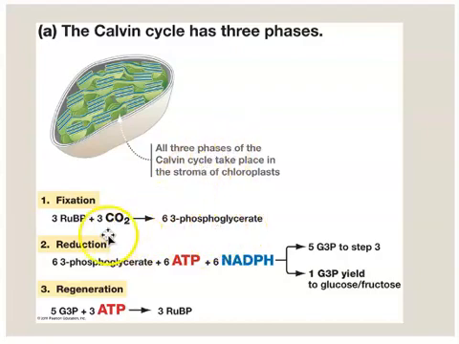During reduction, the 3-phosphoglycerate is being combined with ATP and NADPH to make G3P. Some of that G3P goes on to produce glucose. The rest of the G3P is used for the regeneration phase, where it is converted with ATP into the 5-carbon molecule RUBP, and the RUBP is then fed back into the fixation phase.